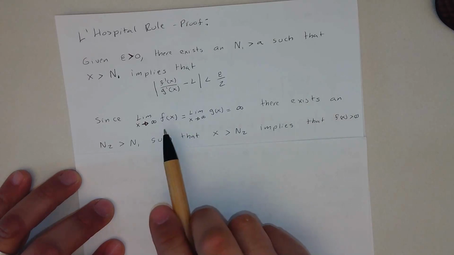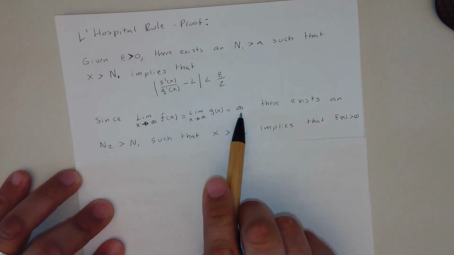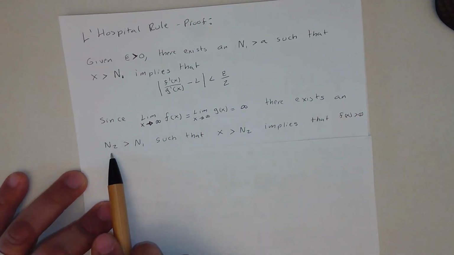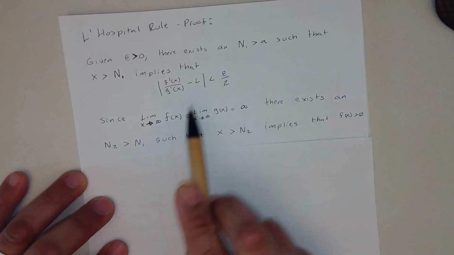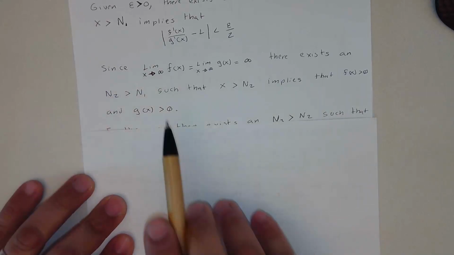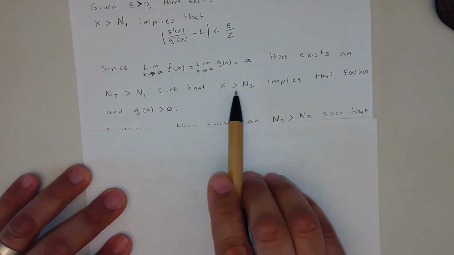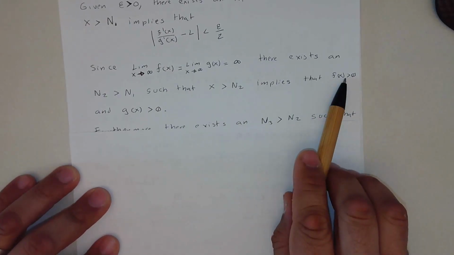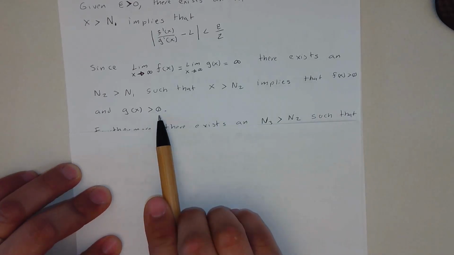And that is because the limits of these two functions are going to infinity. There exists another number n2, which is of course greater than the first one, such that for every x greater than this number, f of x will be greater than 0 and g of x will be greater than 0.